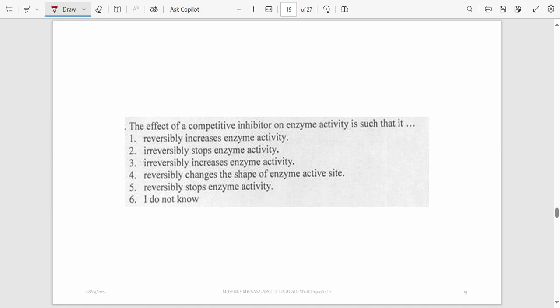Which one would you pick? Let me start with option one. Reversibly increases activity. Does it increase the activity? No, so this is not correct. How about two? Irreversibly stops enzyme activity. Does it irreversibly stop?